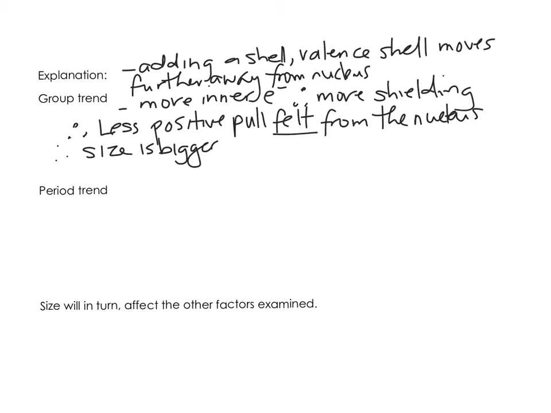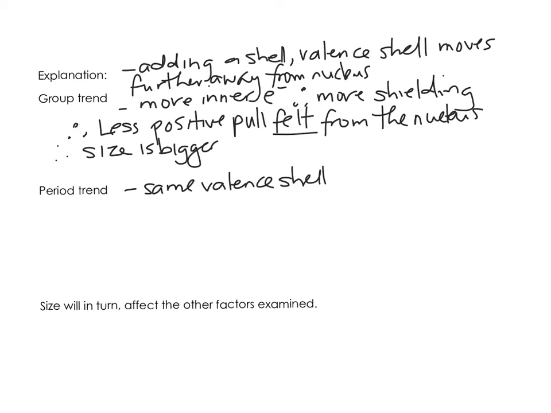Now, going left to right, we saw the opposite effect. We saw the size getting smaller. So when we go left to right, the electrons are on the same valence shell. So shielding isn't a factor.